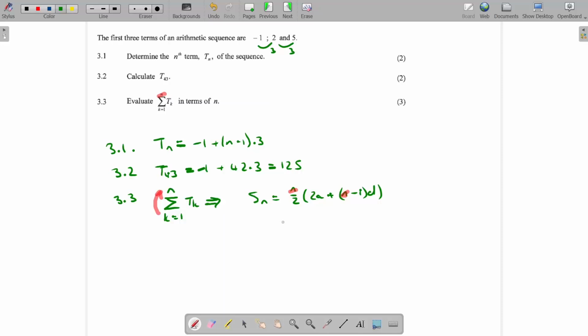So we can do what we can here, and in this case, we're going to get n over 2 times -2 plus n minus 1 times 3, which we could simplify if we wanted to. We could go further, which would therefore be n over 2 times 3n minus 5.